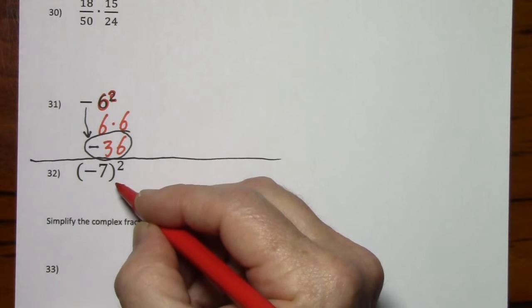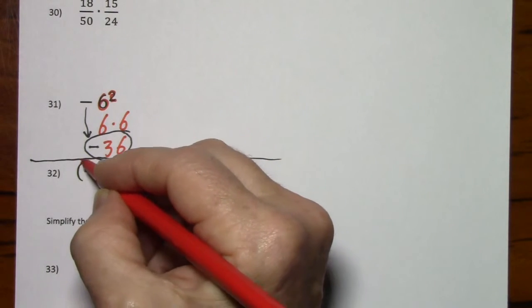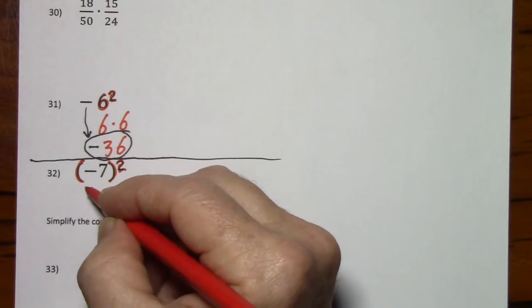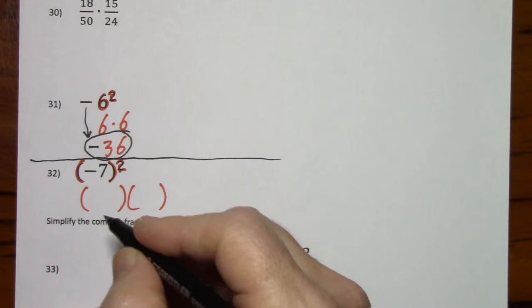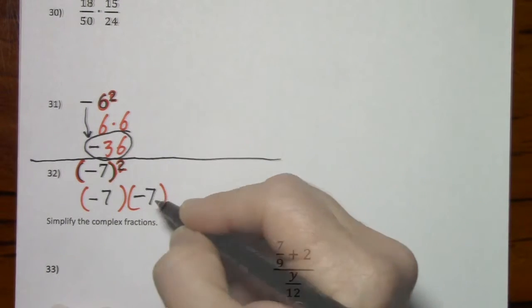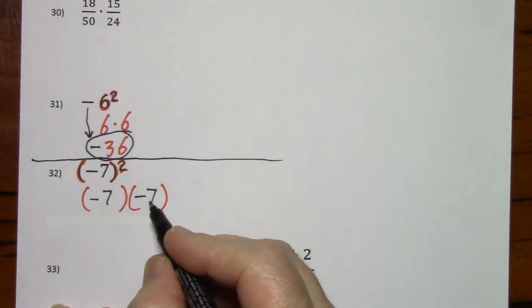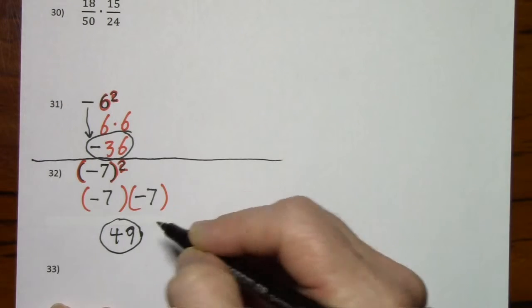With number 32, the 2 is touching the parentheses. So you have 2 sets of parentheses, and each set of parentheses has a -7. -7 times -7 is a positive 49.